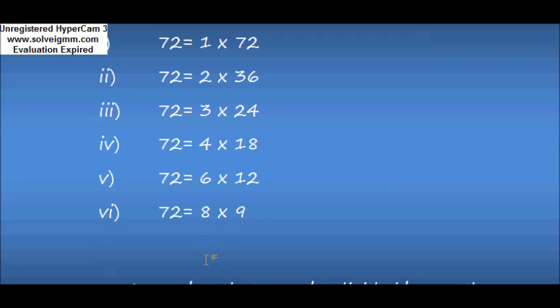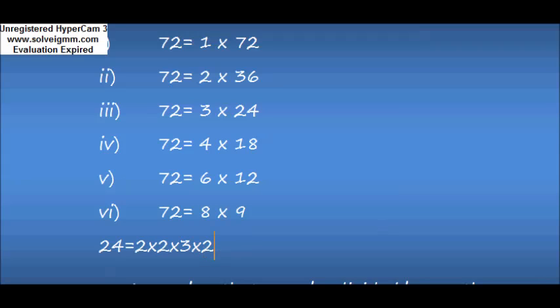For example, 24 equals 2 into 2 into 3 into 2. So here you can see we are writing the factorization of 24 in more than two numbers. So this is actually the prime factorization.